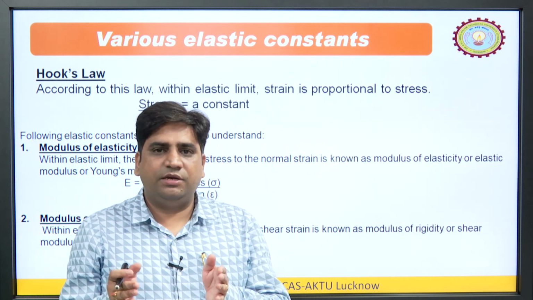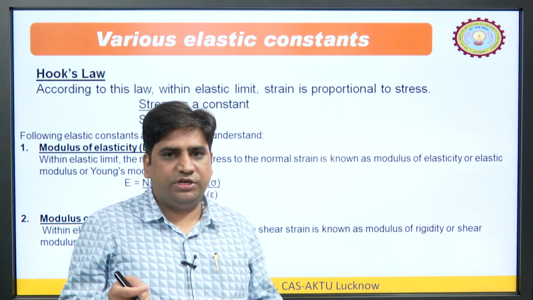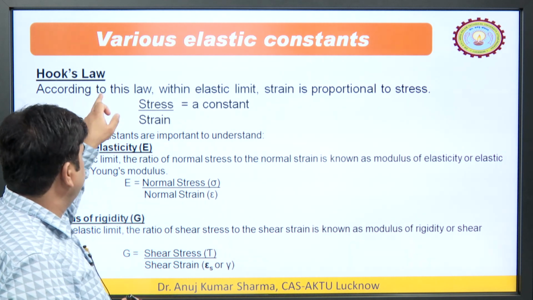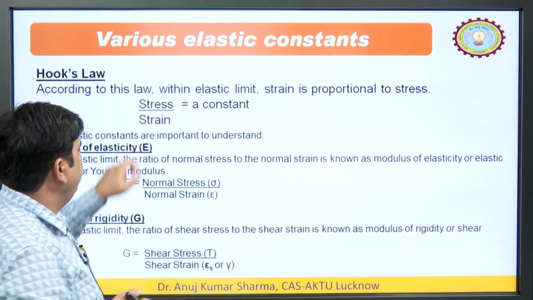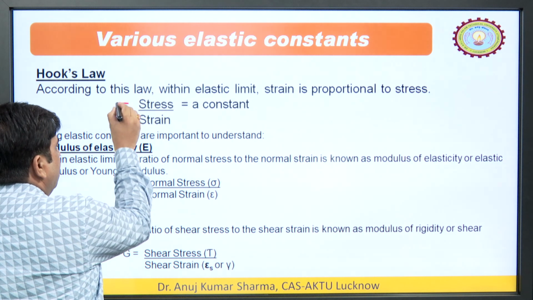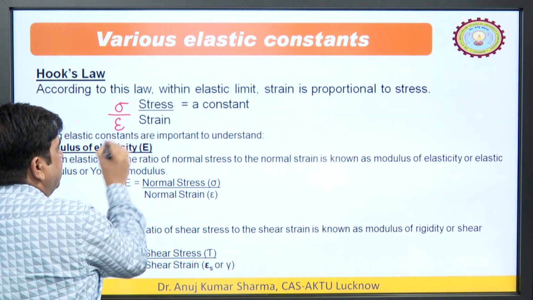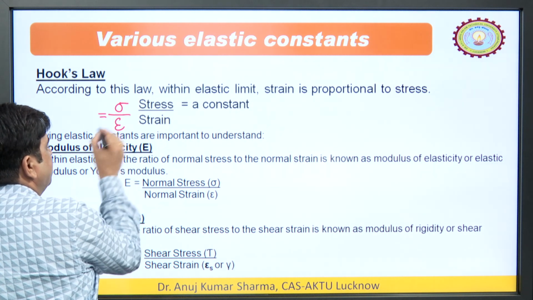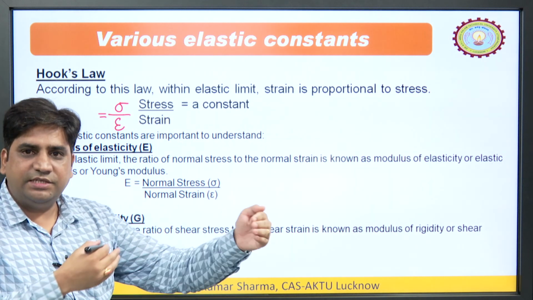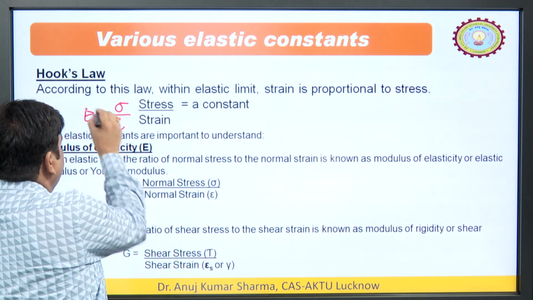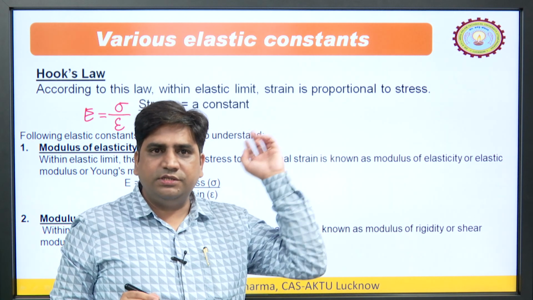So, within the elastic limit, if stress is directly proportional to strain, then we can say it obeys Hooke's law. According to Hooke's law, stress sigma upon strain epsilon is equal to a constant. For tensile loading, it is equal to E. So, this is Hooke's law.